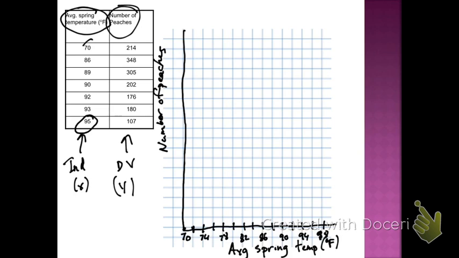And then if I go up here, you'll see that the lowest number is 107, the highest is 348. So we're going to have to go by bigger numbers here. I probably should start at 100. I might have to go by 20s, I think. Yeah, something like that. Let's try it out. So let's make this 100, since 107 is our smallest number. So we're going to go by 20.